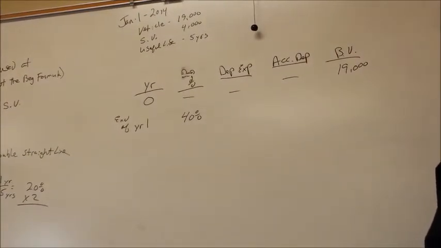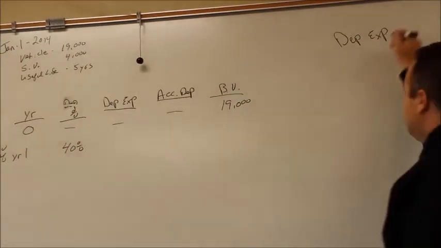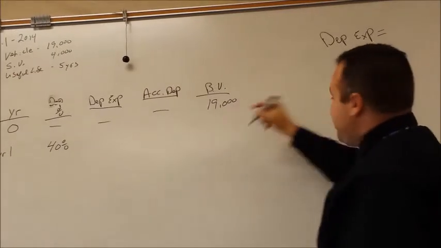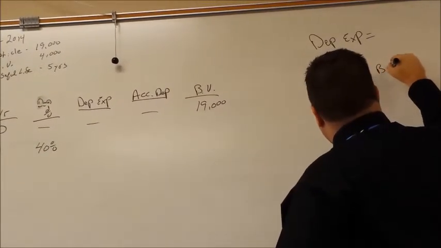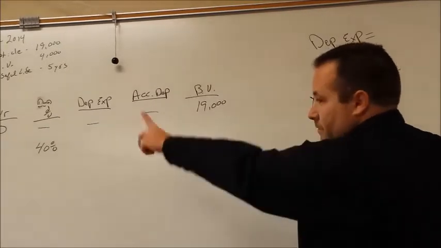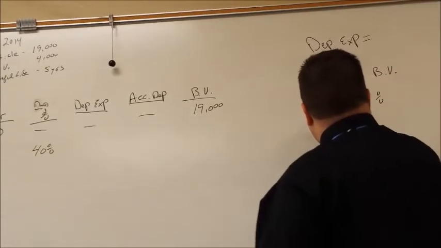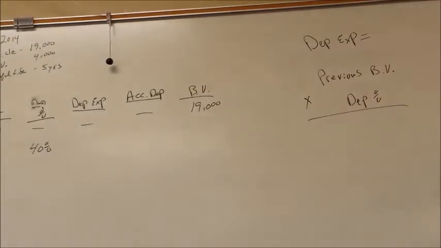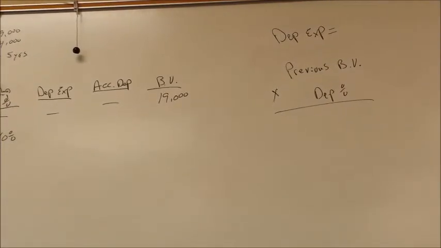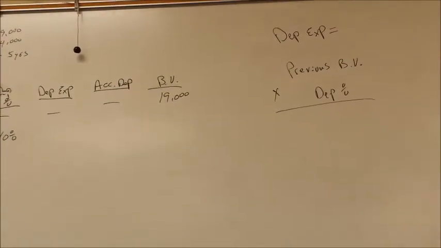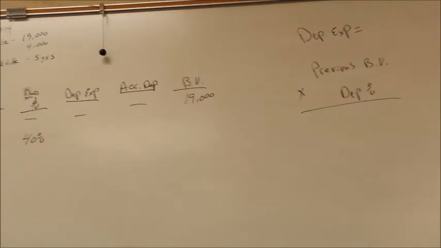Your depreciation expense when you're doing double declining equals your previous book value times your percentage. That's all you got to do. Take the full 19,000 times 40%.